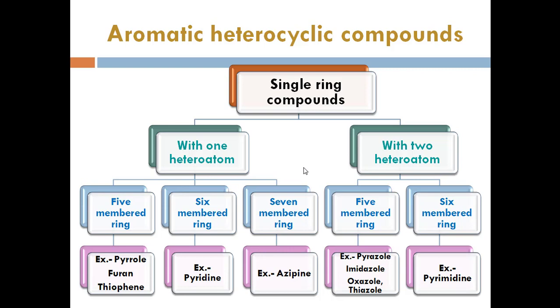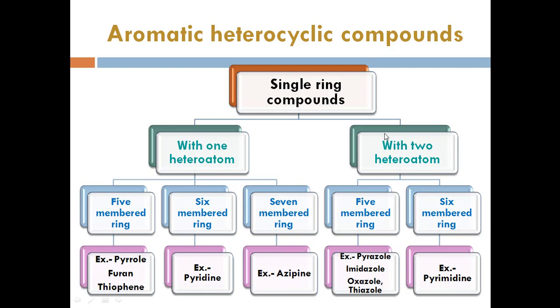So with one heteroatom: 5-membered ring compounds are pyrrole, furan and thiophene. The 6-membered ring with one heteroatom is pyridine. The 7-membered ring with one heteroatom is azepine, right?